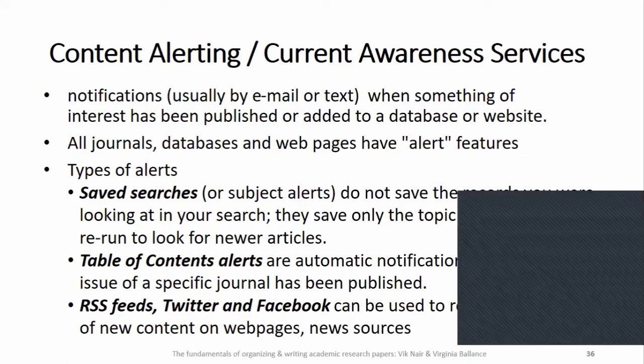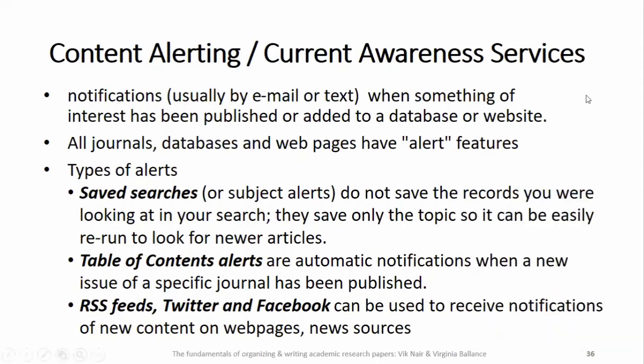It's way easier to do this because everything is automated. So you can select a database, save a search, and then ask it to run the search periodically, like every week or month, whatever, and send you the articles.